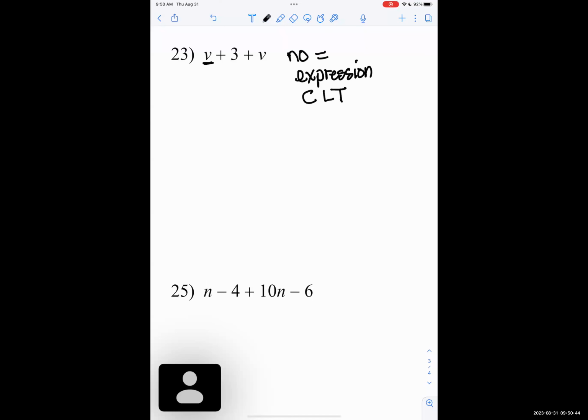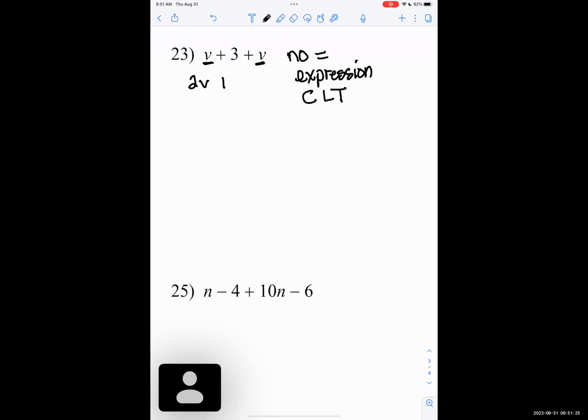So these are alike. V plus V. When I am adding terms, does the coefficient in front change or the exponent change? Is it 2V or V squared? It is 2V. Okay, V plus V is 2V.